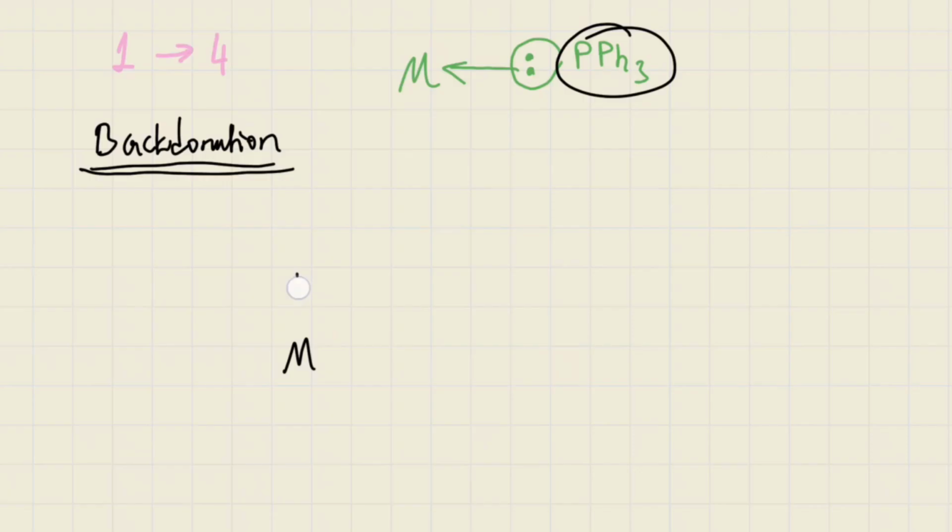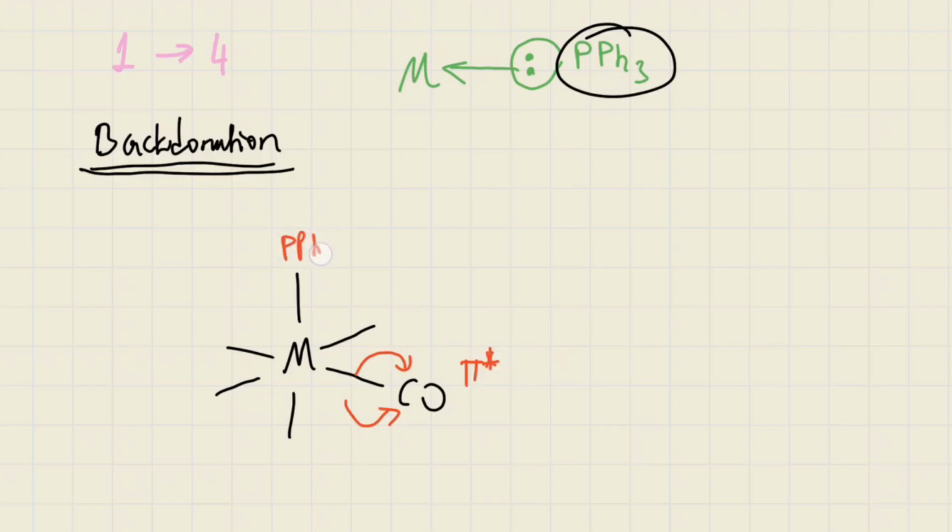So we have a metal center and pi back donation happens to the carbon side. Electrons go to the pi star of the CO when the PPh3 are added more.